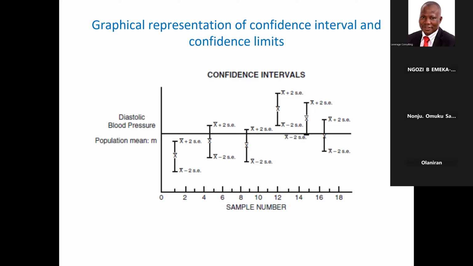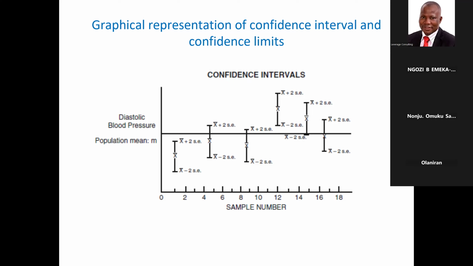At least 4. Yeah, it's 4. It's not at least 4, it's 4 of them: number 2, number 3, number 5, and number 6. Number 1 and number 4 do not. If you see number 1, everything is below the mean, both the lower and upper limit of the confidence interval.